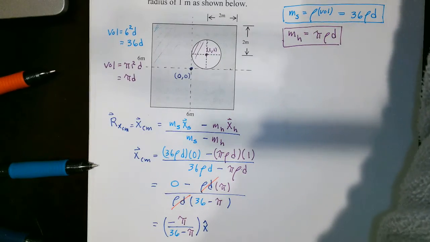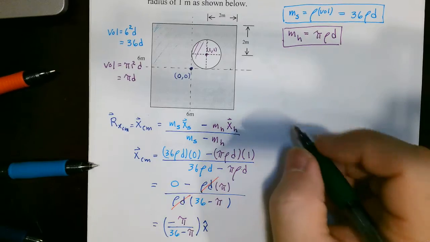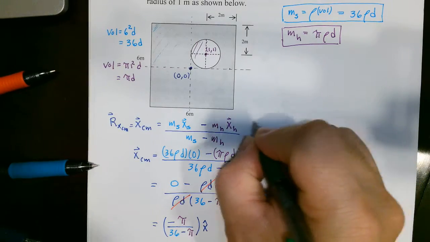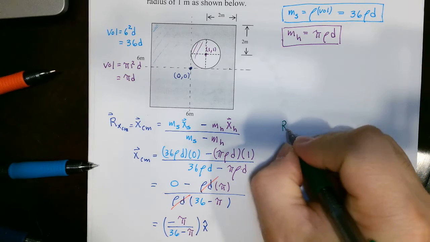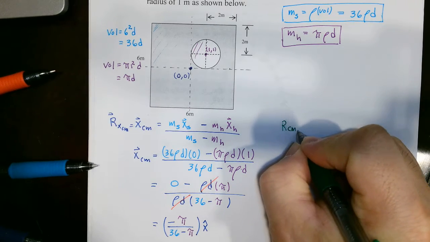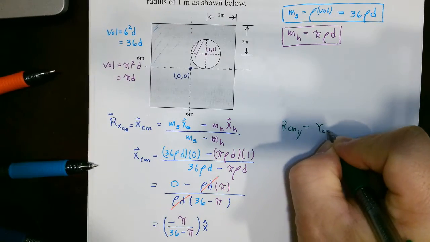Now let's take a look at r sub cm in the y direction. Right? So here, r sub cm in the y direction, which is y sub cm. Okay?